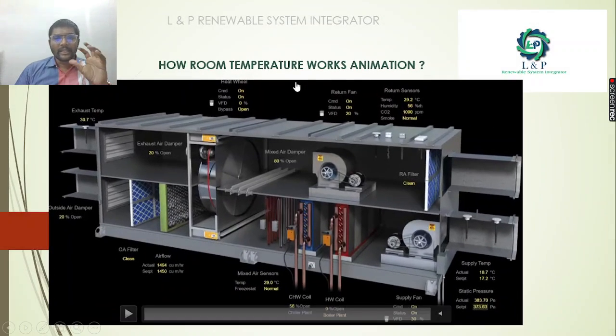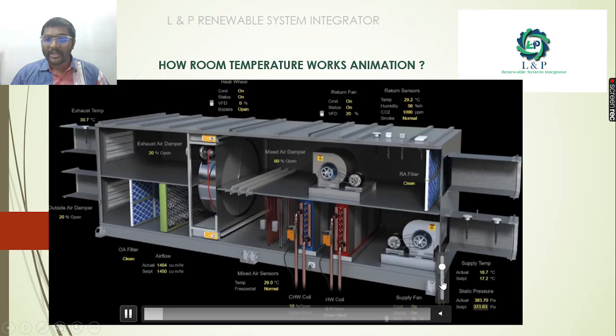See here, how the room temperature inside a particular building is maintained with the help of the air handling unit, and how important airflow is. This is an example. We have an airflow sensor giving the actual value, and we also have a set point for the airflow. In order to maintain the set point airflow, first we need to know what the airflow is.